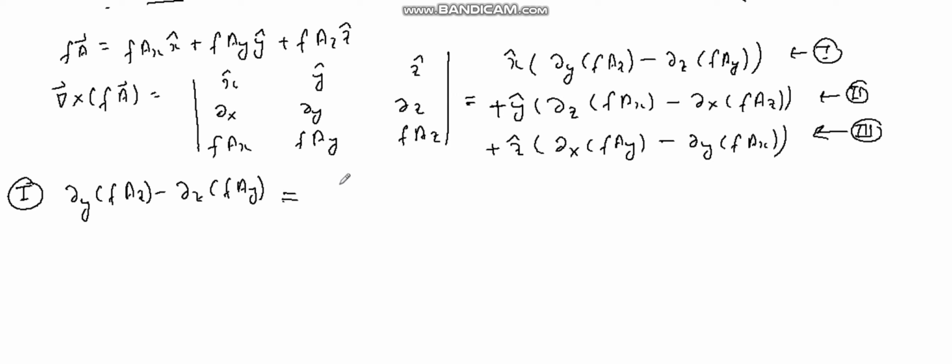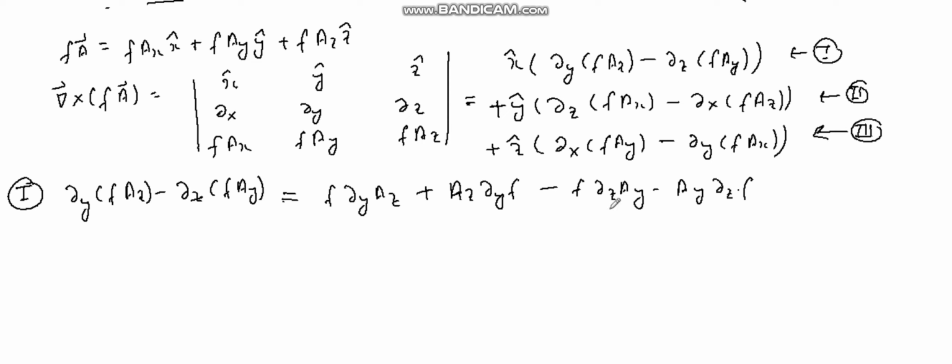Using the product rule, it is going to be f del y of az plus az del y of f, minus f del z of ay minus ay del z of f.